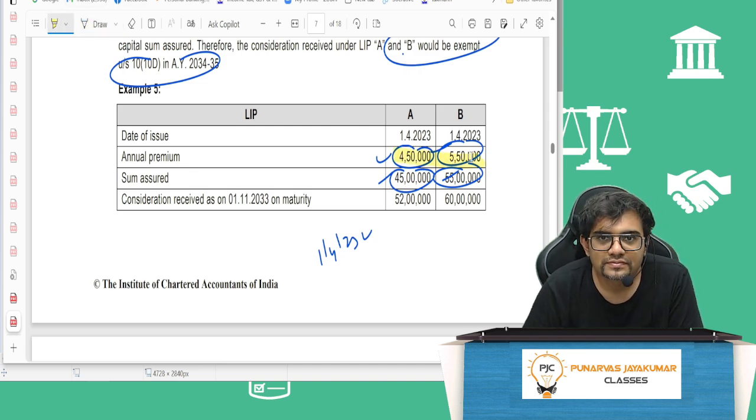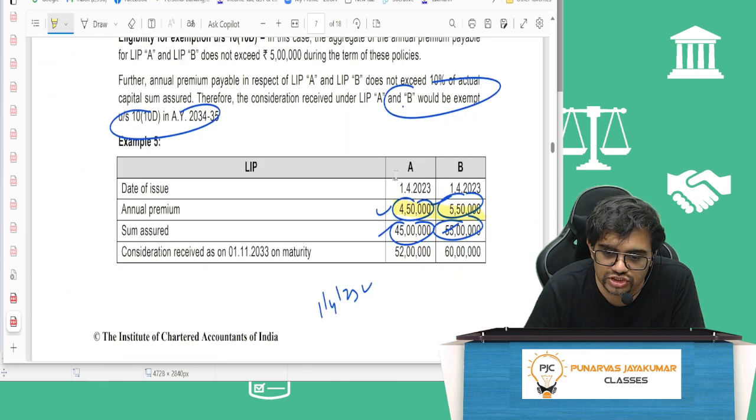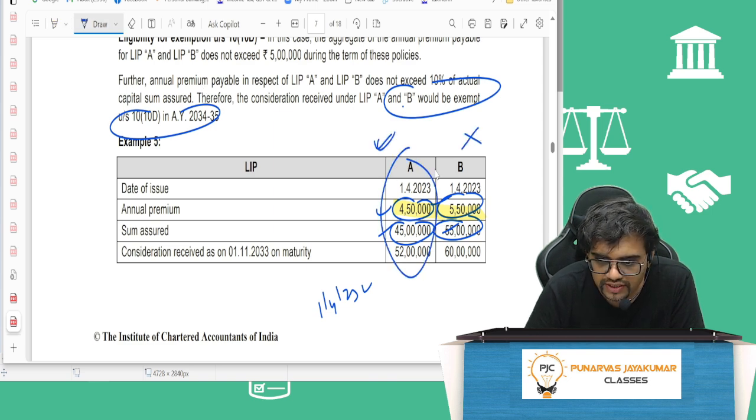Yes. Ideally, you will not get exemption, but you see the rule here. If the aggregate is more than 5 lakh, for those policies where the premium individually does not exceed 5 lakh, you will get exemption. Which means of these two, which one individually is less than 5 lakh? First one. So you'll get exemption here, here you will not get exemption.